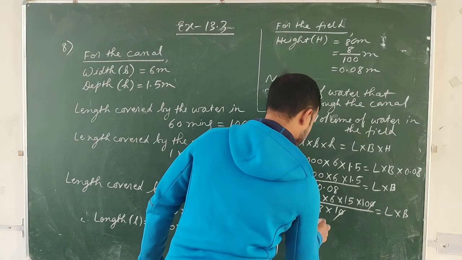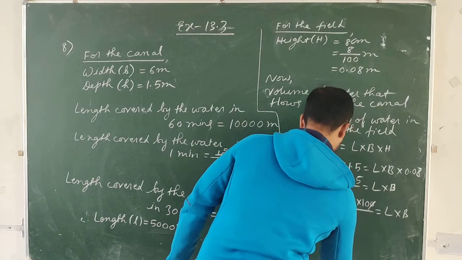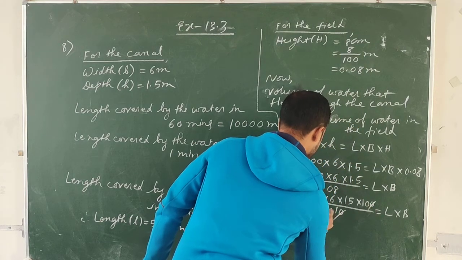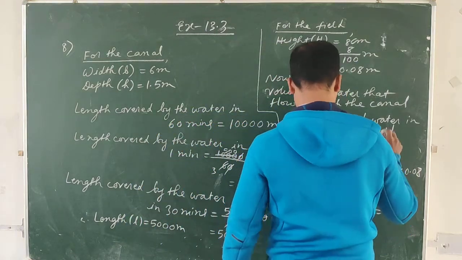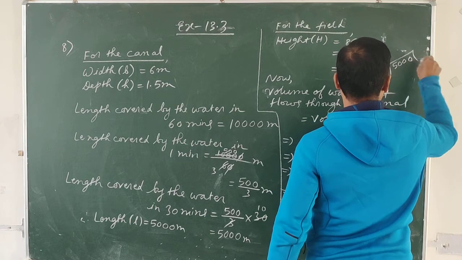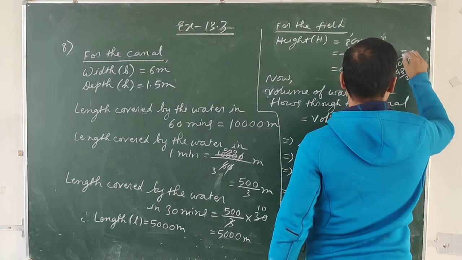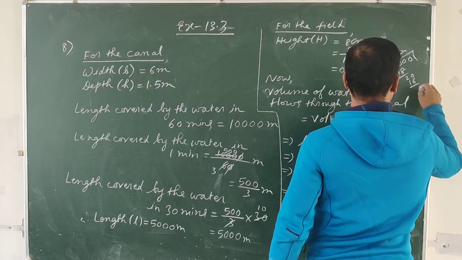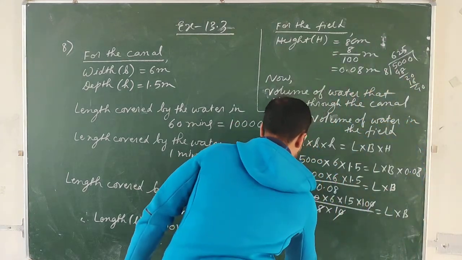With this 8, this 8 cancel 5000. 5000 divided by 8, 8 6 are 48, 20, 8 2 are 16, 40, 625.